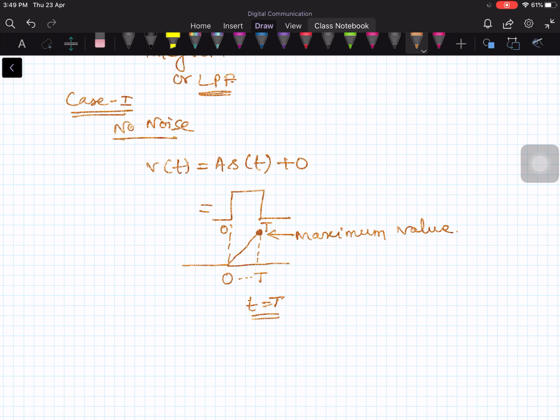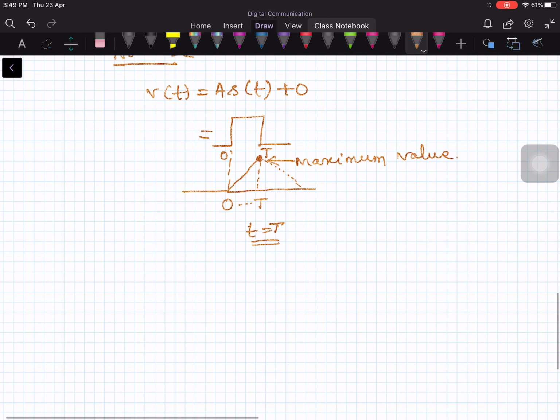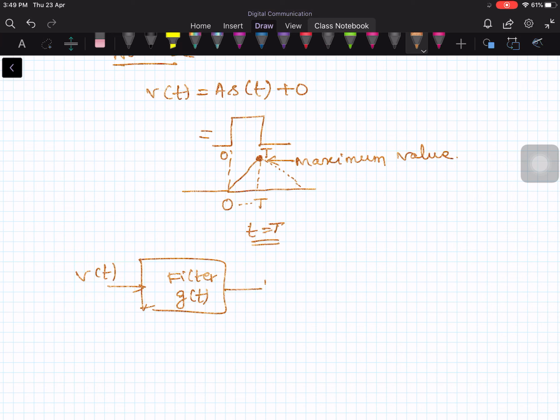And after that what happens? Slowly it comes down. Therefore the typical output of this block will be like this. So the block is a filter, whose impulse response is G of t, input is V of t, and output is U of t. The output will be like this.